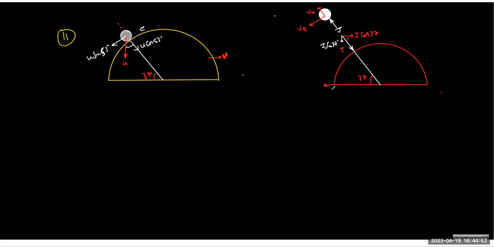So this will be mu J sin 37, okay? Because this J will balance the vertical J, correct? Basically, what I'm trying to write is mu Jn, which I write as mu J sin 37. Is it clear so far?